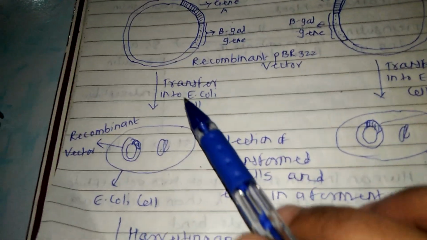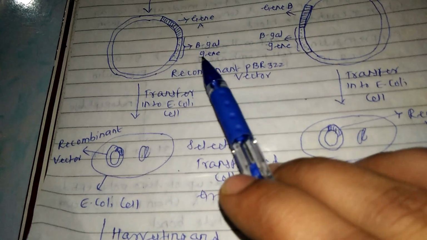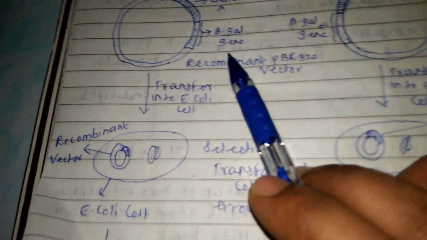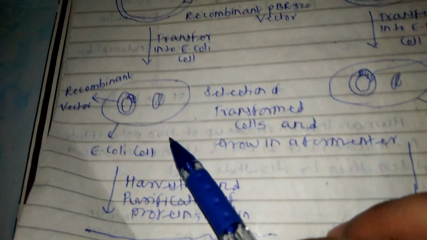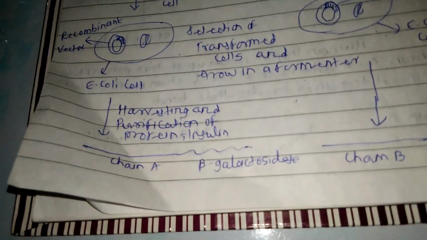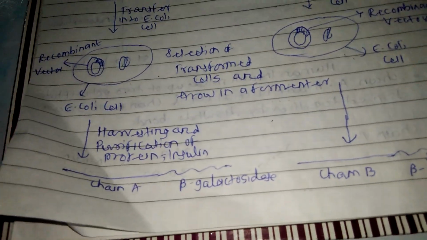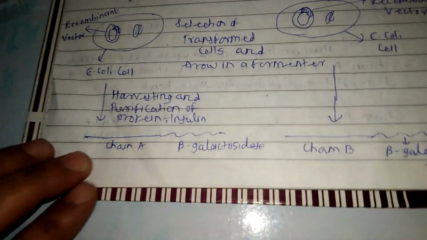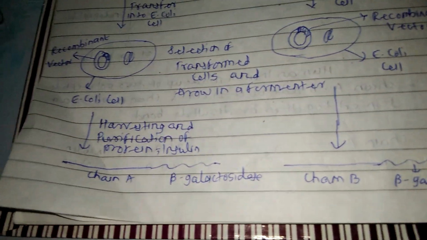That's why this beta gal gene also expresses, and finally there is harvesting. Harvesting means isolation of the bacteria from the fermenter, and then purifying the protein, insulin.